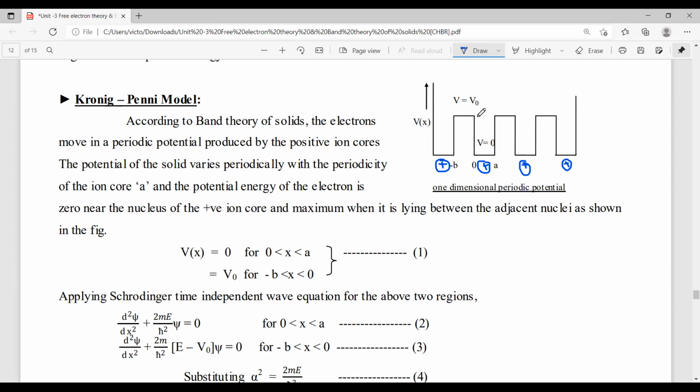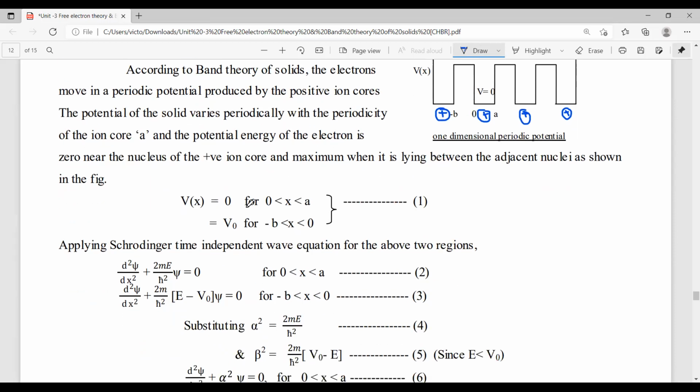When the particle is present in this potential well, near the positive ion core, its potential is taken as 0. Between the two positive ion cores, the potential is maximum, and this maximum value is taken as V naught. That means the potential of the particle between 0 and a, in the potential well or bounded region of the electron, is 0.